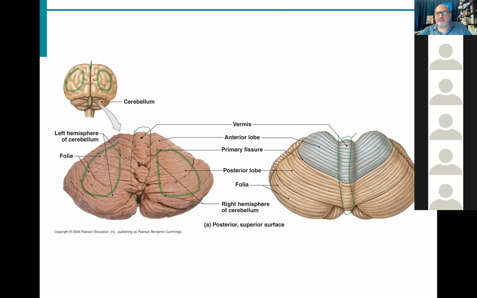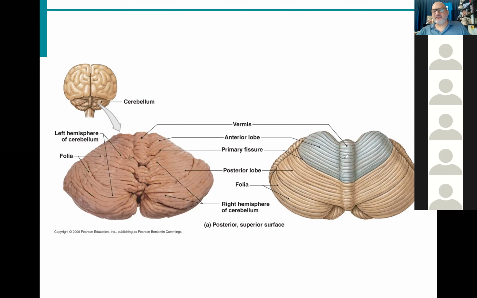Notice this raised ridge, and I have to cheat a little bit and pull that out so it's out of the way, is made up of a bunch of folia and their sulci in between them. And so basically it looks like a long, thin, thread-like segmented structure.